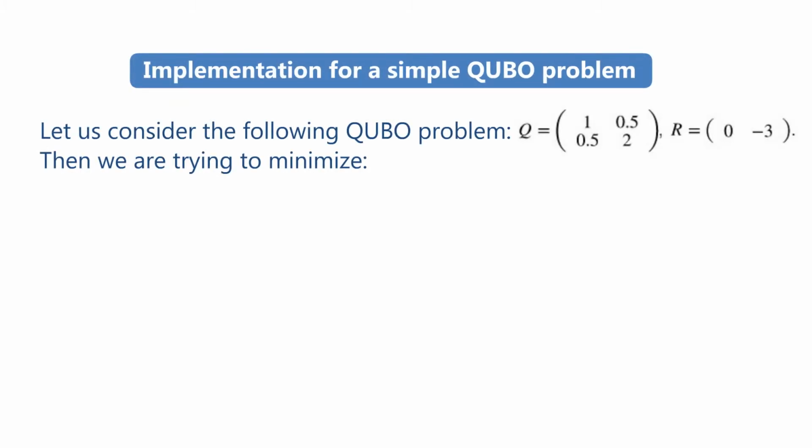Let us consider the following QUBO problem. Q equals the matrix [[1, 0.5], [0.5, 2]], R equals the matrix [0, −3]. Then we are trying to minimize the corresponding function.